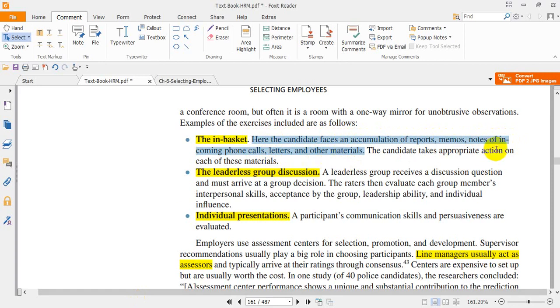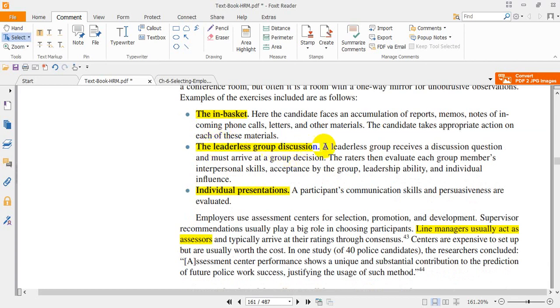The candidate takes appropriate action on each of these materials, and the assessor needs to know how the candidate will take action for each material.